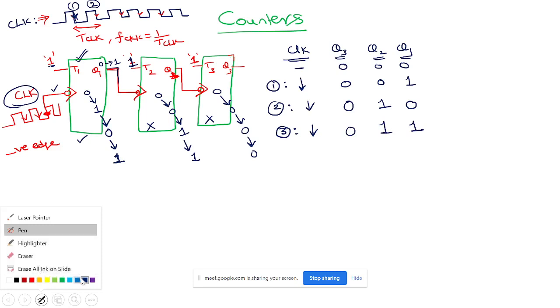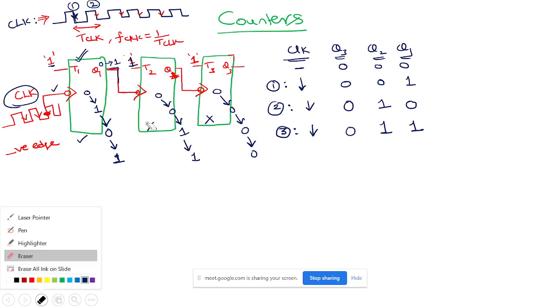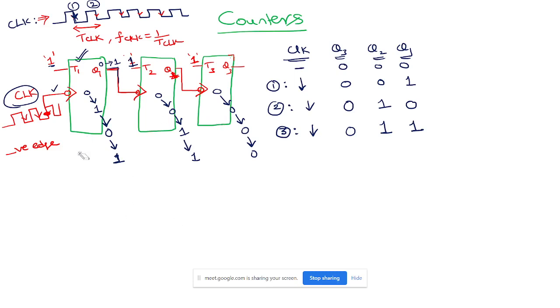Please interrupt me if something is not clear. Next, when the fourth clock comes, the fourth edge, this will be activated and the output will toggle, and we apply this as a clock to the next one. 1 to 0 is a negative edge, so this will also be activated, and it is in toggling mode, so this will be 0.